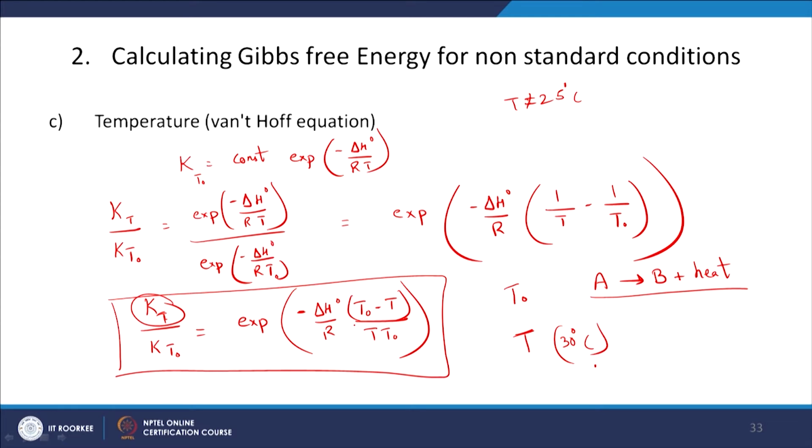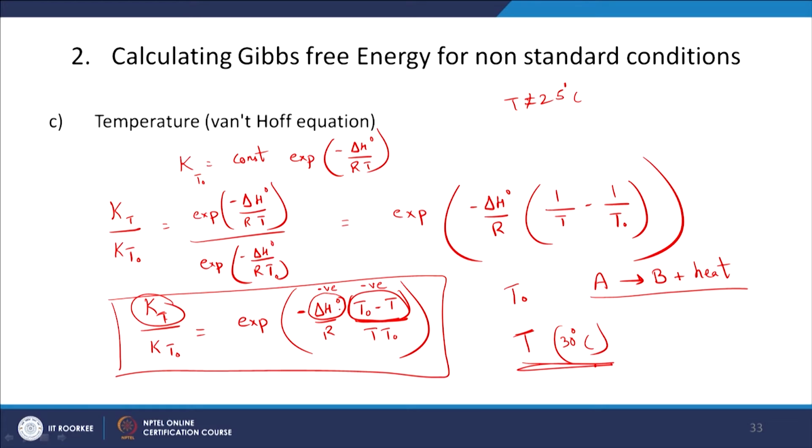Here we have two aspects to consider. T naught minus T is now going to be a negative value, because we increase the temperature, and we also know that it is an exothermic reaction, so delta H naught is also negative.